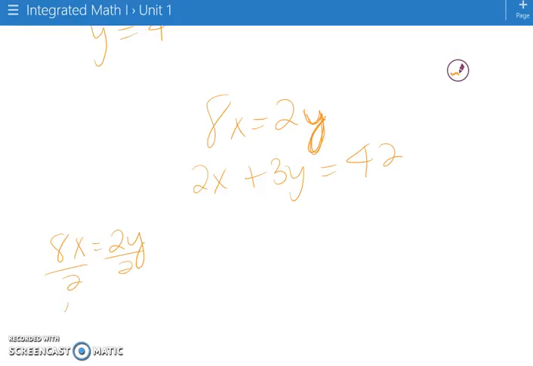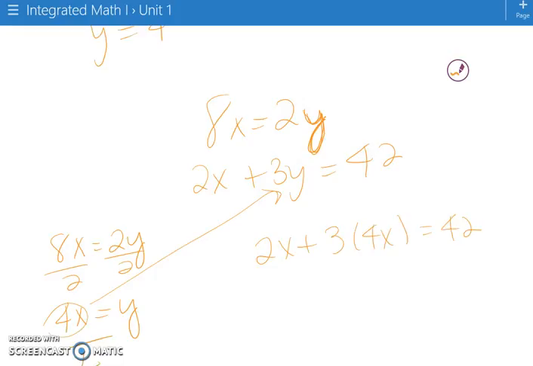That means I'm going to divide by 2 on both sides, so I get y equals 4x. I've isolated. Now I'm going to replace, so I'm going to take 4x and plug it in for y in the second equation. And solve for x, so I get 2x plus 12x equals 42, which is 14x equals 42. Dividing by 14, x must equal 3.